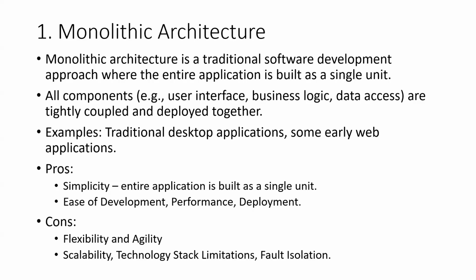Deploying a war is different from deploying a small microservice, because it's a loosely coupled, isolated service. The size will be very small compared to the war size. That's why scalability is easy and maintainable. That's about the pros and cons of the monolithic architecture. Let's move on to the next slide.